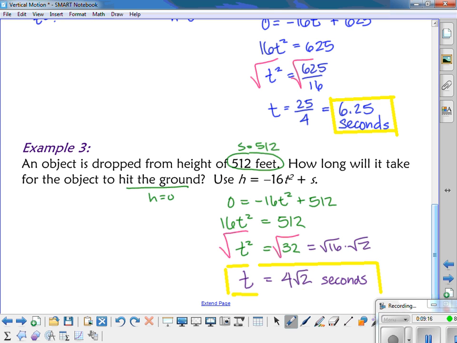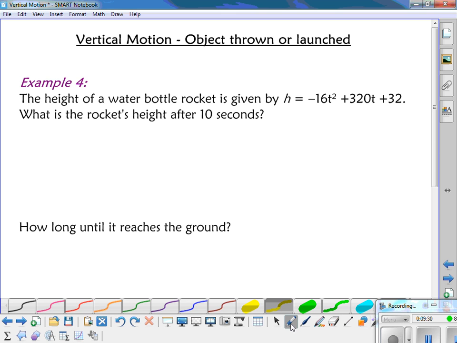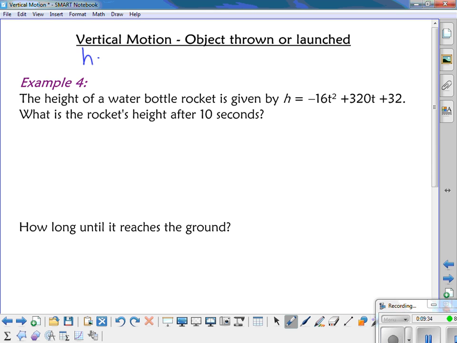Okay. All right, let's take a look at the other side, and we'll talk about when an object is thrown or launched. All right, so the equation that we use for vertical motion when something is thrown or launched is h equals negative 16 t squared plus vt plus s.